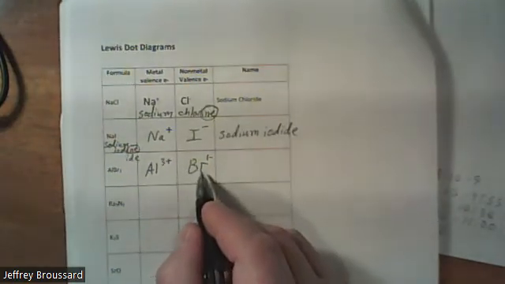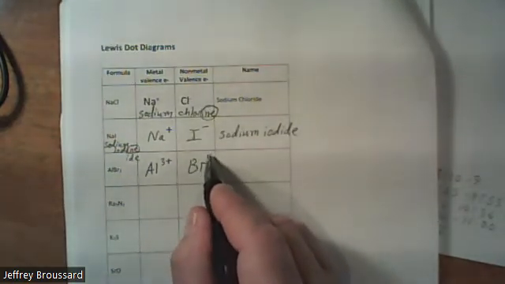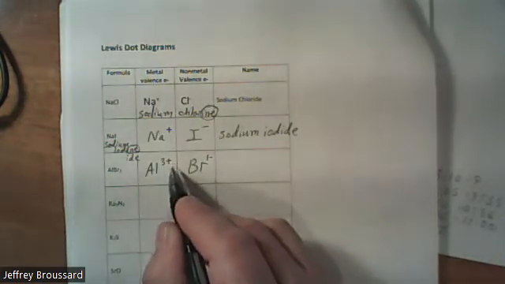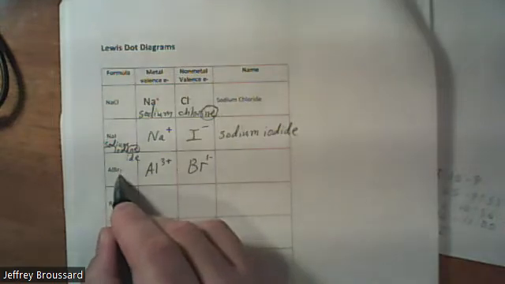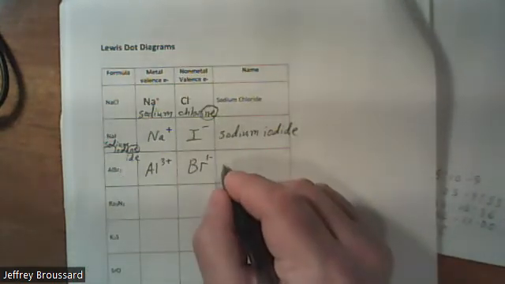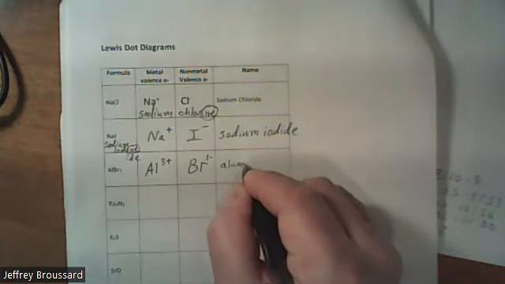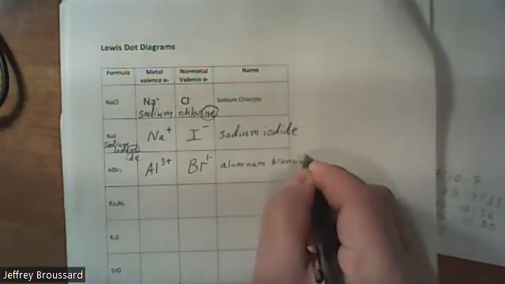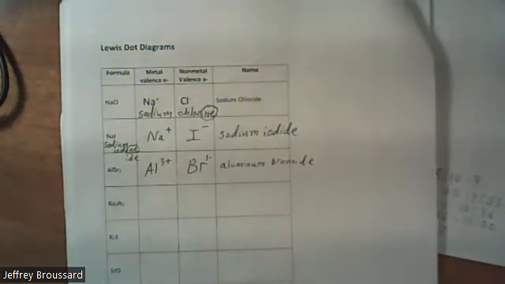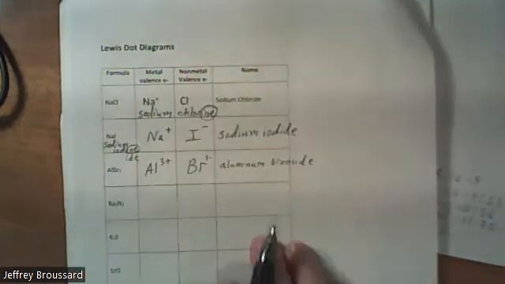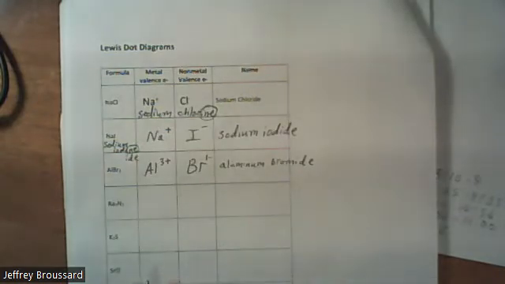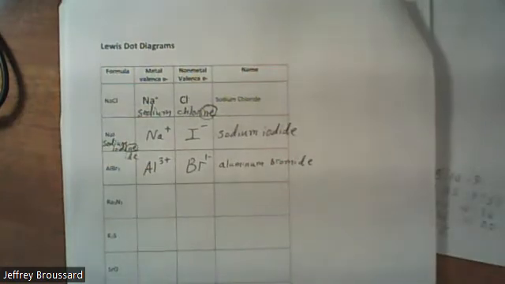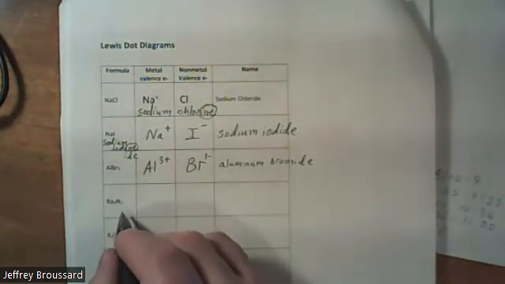How many of these bromines with 1 negative each are you going to need to cancel Al3 positive? And the answer is right here, 3. That's going to be aluminum bromide. You do not need to stay within this box on the piece of paper. If anything, this box should have been made wider. All right, let's keep trucking.